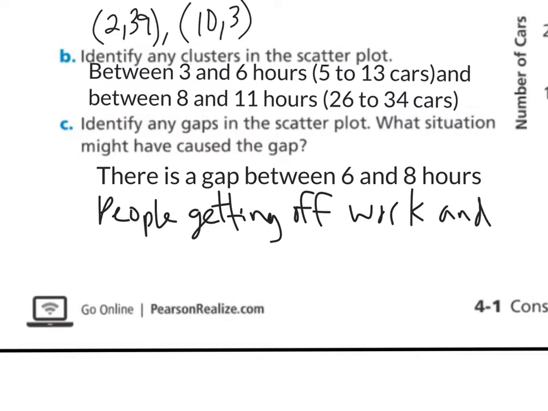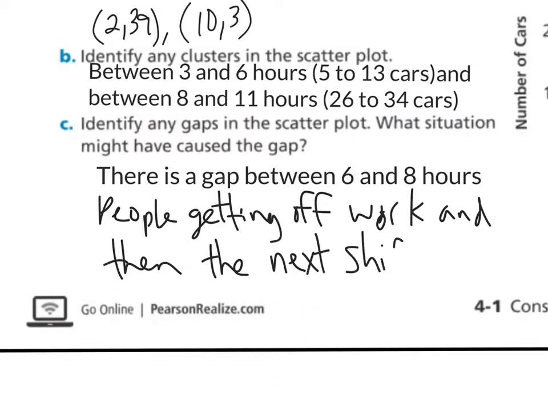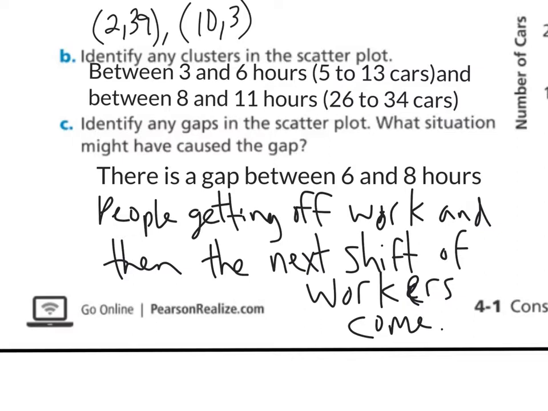And then since it goes up again, we could say the next shift of workers come. Okay, so they park their cars, and then we have that increase in that second cluster that we talked about.